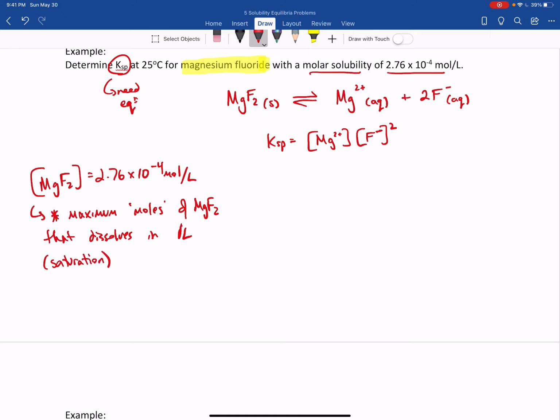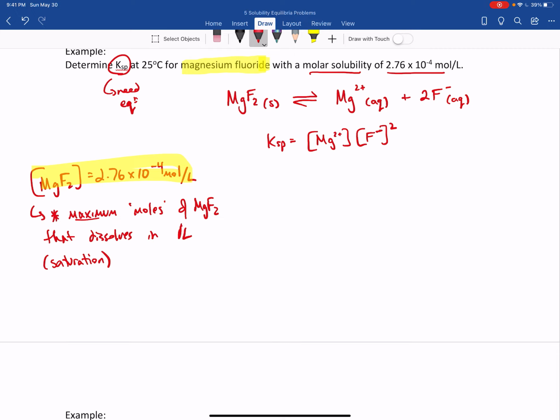So if we're trying to find the saturation point, which is KSP, that describes the point at which there's maximum solubility, we're assuming that it's at this case. So that value, molar solubility, is its maximum concentration when it's a saturated solution.